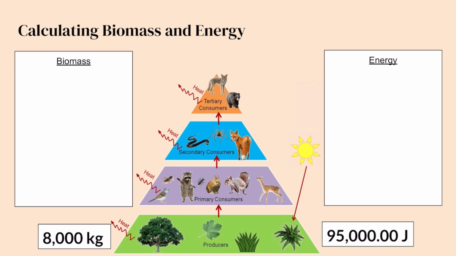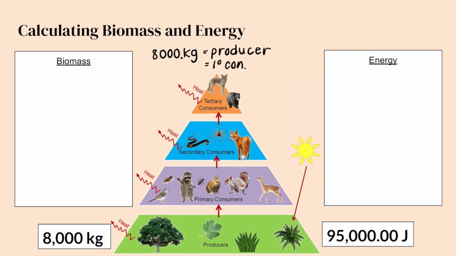Okay, and another way you can do this, if you can keep it kind of organized in your brain, is just by moving decimal points. So I'll show you how to do that first with biomass. So if we have a biomass of 8,000 kilograms at the producer level, and we want to see how much is at the primary consumer level, you can move the decimal place over once to the left.